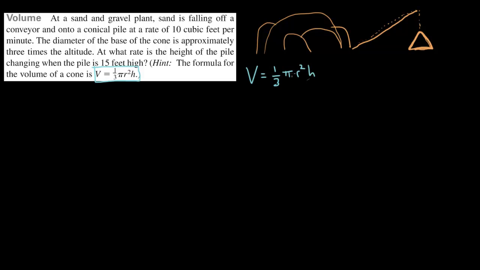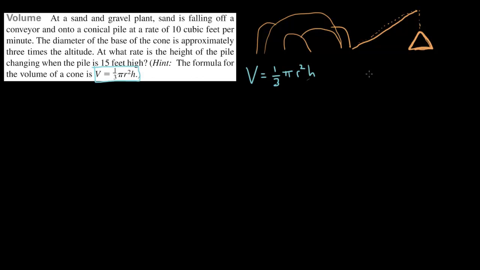Okay? Now, if we went straight ahead and differentiated this, I think we could do that, but I think we're given some information here that changes that situation. It says the diameter of the base of the cone is approximately 3 times the altitude. So we need to take that into consideration. What's that telling us? Because I think that's key before we do any kind of differentiation.